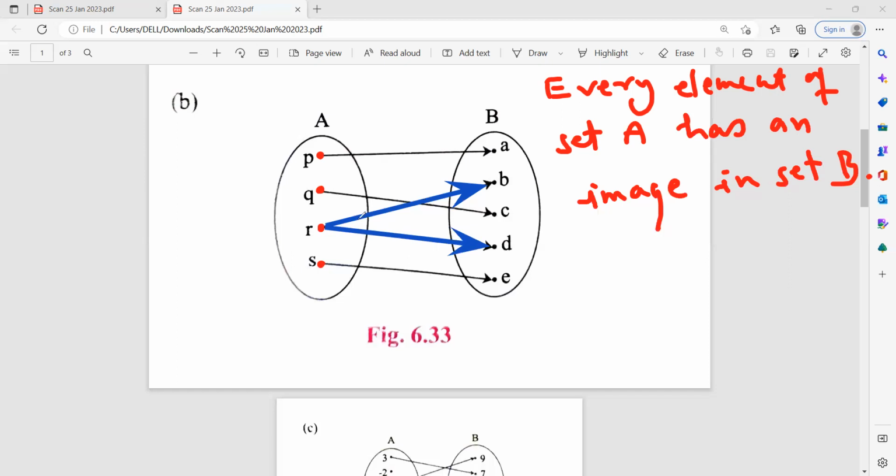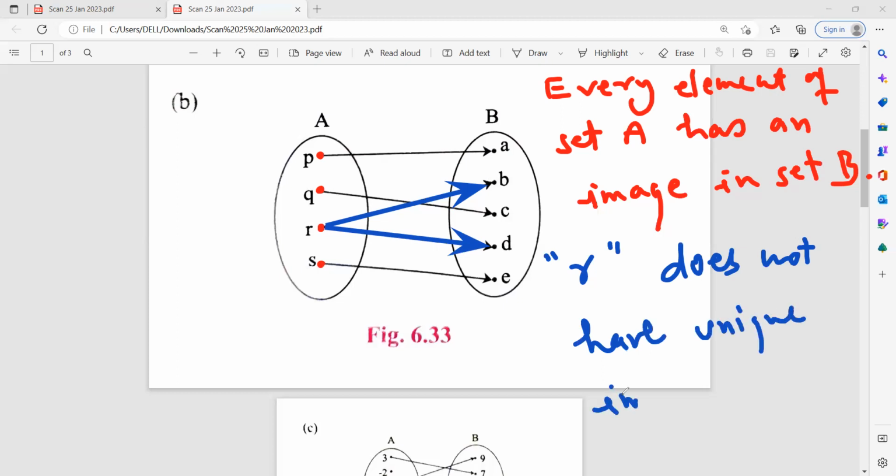So the element R of set A does not have a unique image in set B. See, it has two images. It has one image B, the other image D. So this is not a function. This is only a relation, not a function.